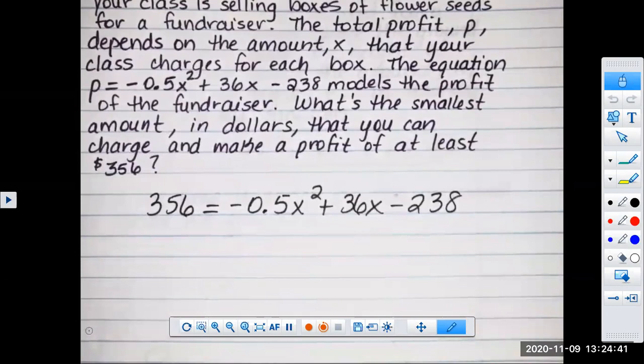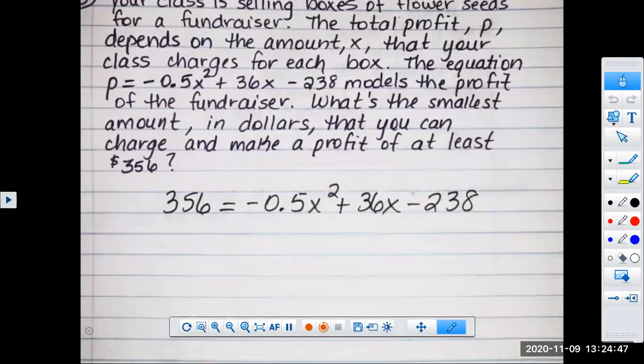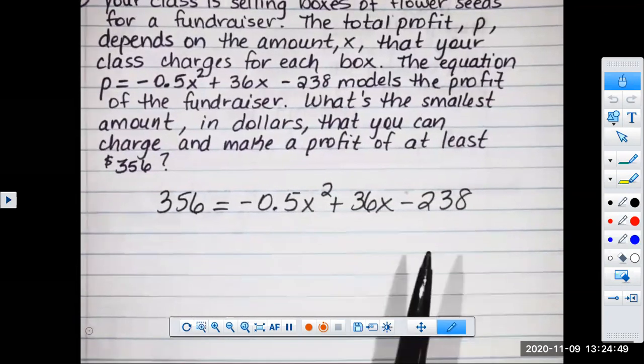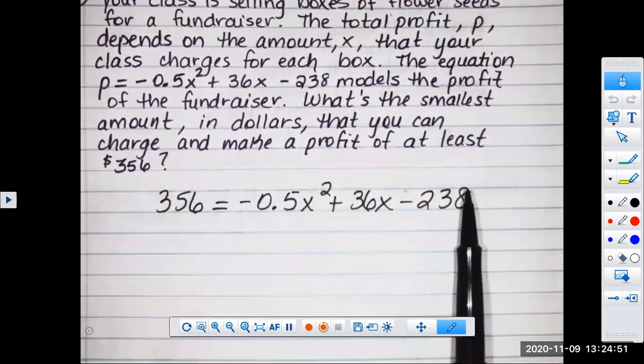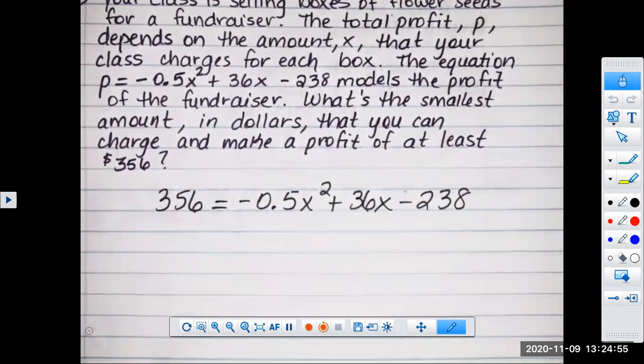The lowest answer that you get out of the two will represent the smallest amount that you can charge. So from this point, you would just, of course, subtract, move this, plug in the quadratic formula. Smallest answer is the smallest price. If they ask you what's the largest amount you can charge, then of course it'd be the opposite. Okay, work on your math Excel.